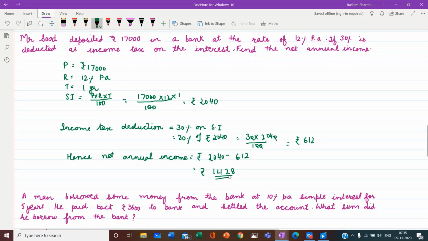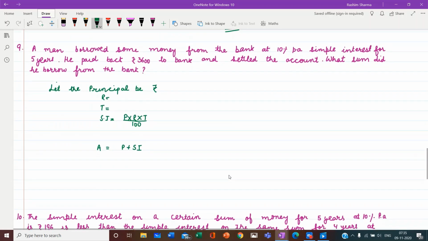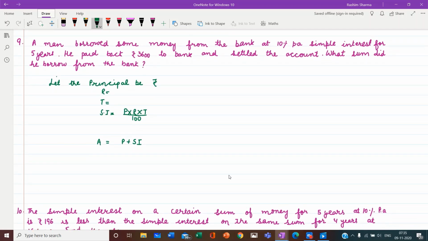Now next, question number 9. A man borrowed some money from the bank at 10% per annum simple interest for 5 years. Okay, so what is the principal here? Principal is not given, so we will suppose let the principal be rupees P. Okay, now time is given as 5 years and rate of interest is 10% per annum simple interest.